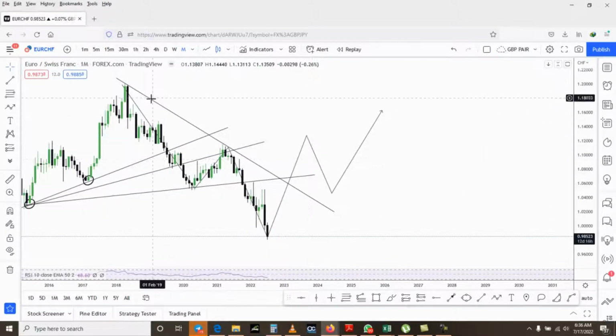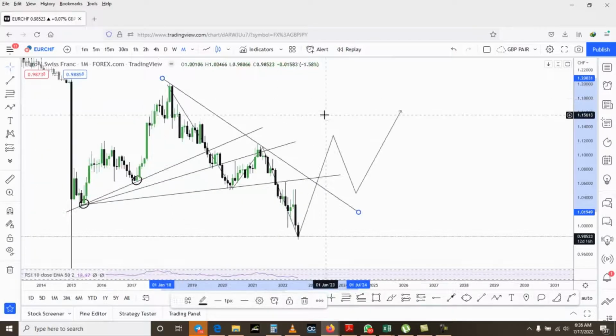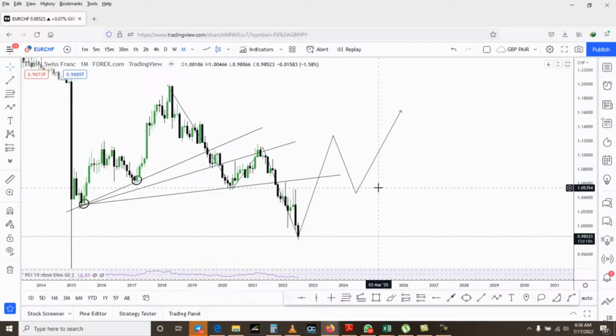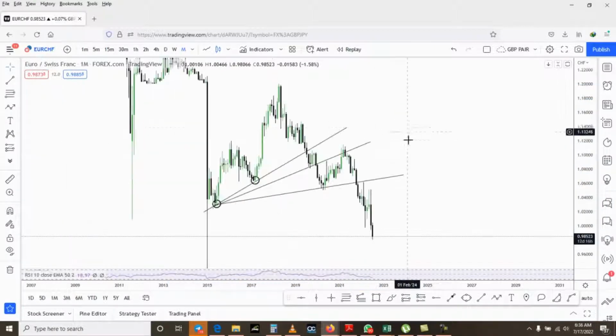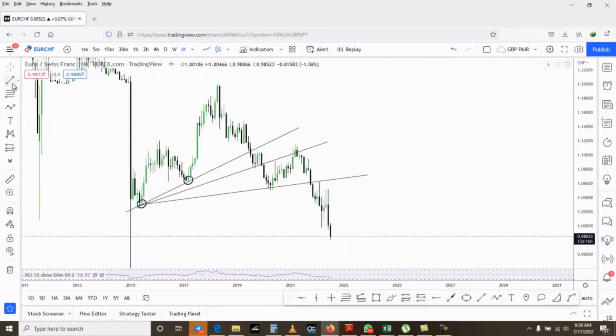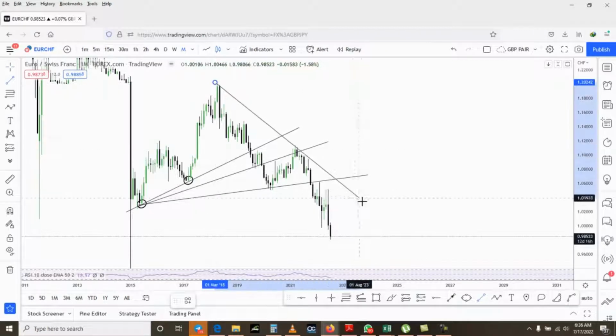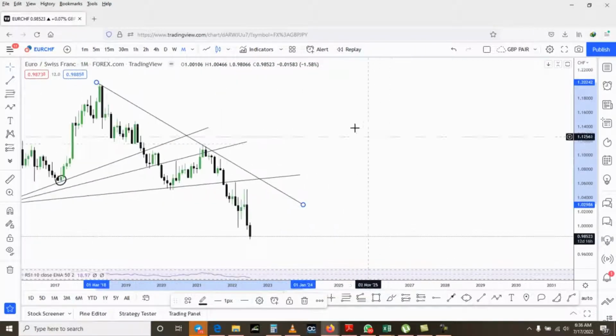I want to see a break of this trend line. Okay, so now let me declutter. Let me return this.